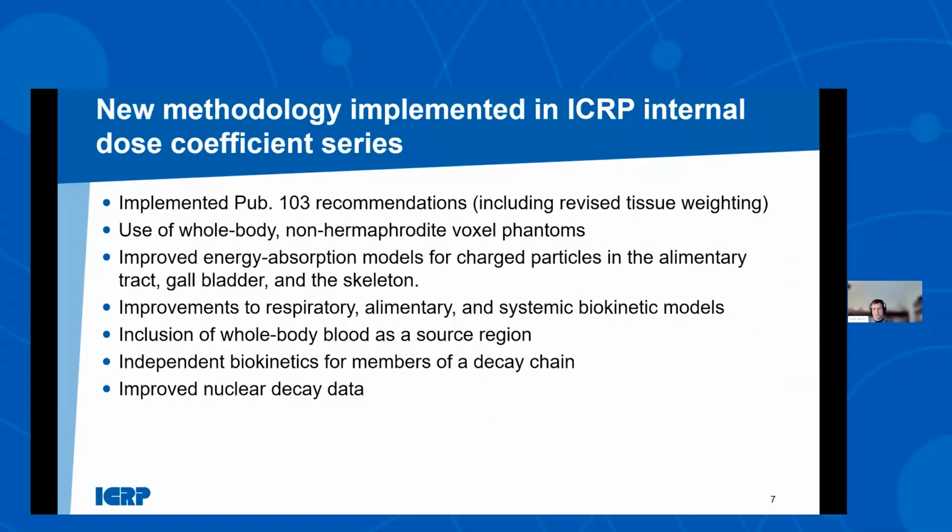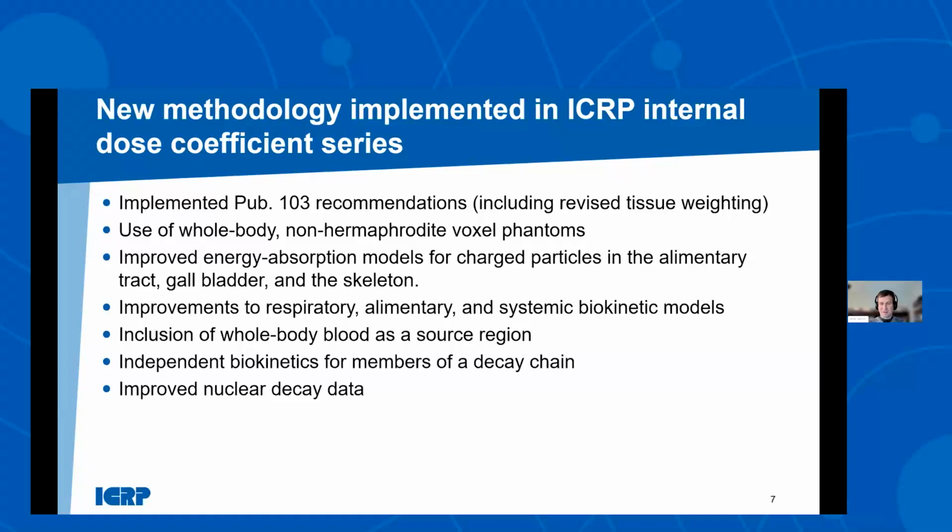So before we hop into the mathematics of the dose coefficient calculation, here's a quick summary of some of the big improvements underlying those internal dose coefficients. They use the improved publication 103 recommendations, notably including the tissue weighting factors. We now use sex-specific reference voxel phantoms for computing energy deposition quantities.